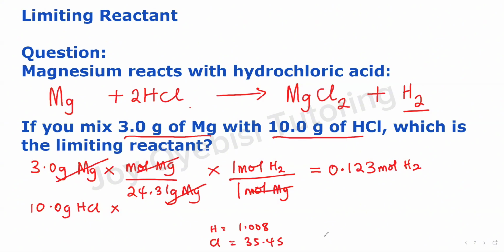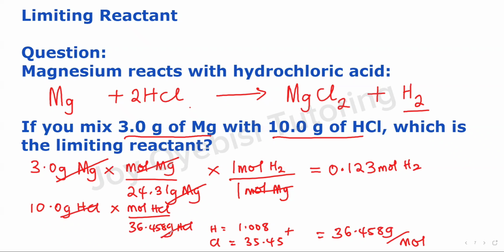If you add those two together, you will have 36.458 grams per mole. As usual, the mole is our priority because we're trying to convert to moles. So the mole stays on top, mole of HCl, and the 36.458 grams of HCl will be the denominator. Now, go ahead and cancel out the grams of HCl. Now we have the moles of HCl.